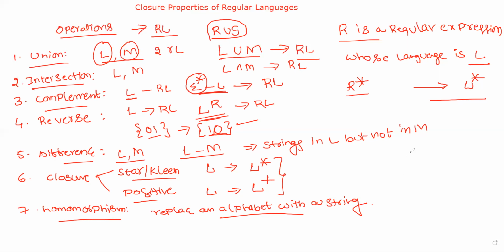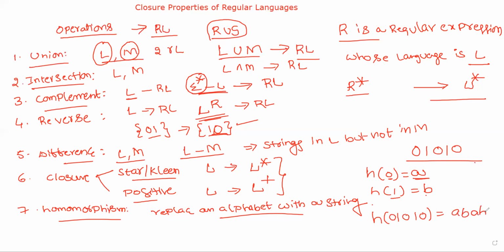For example, if you have the string 01010, and h of 0 is equal to A, h of 1 is equal to B. That is, h is the homomorphism: whenever 0 occurs, the alphabet 0 is replaced with the string A, and 1 is replaced with the string B. So, what is h of 01010? Simply ABABA. This is called homomorphism.